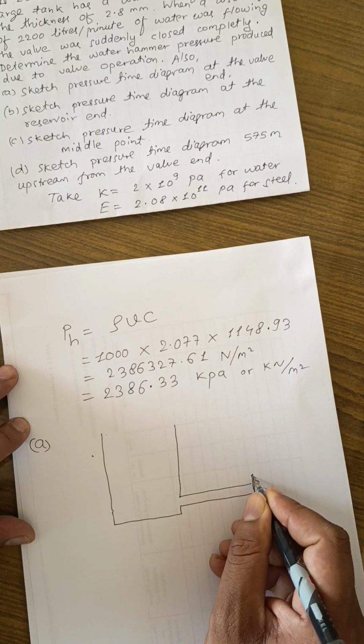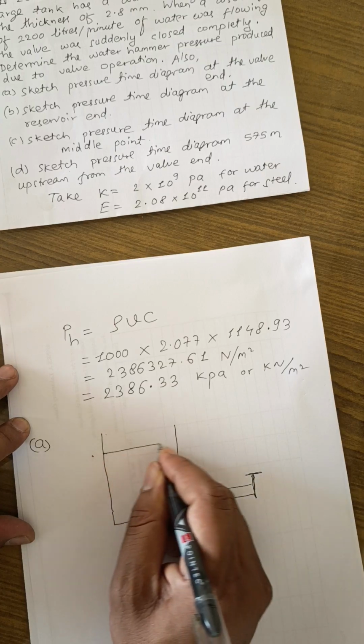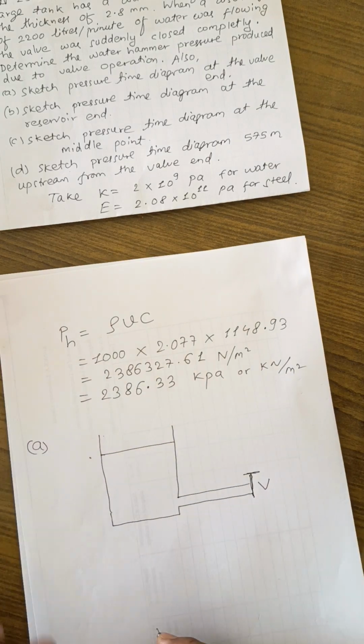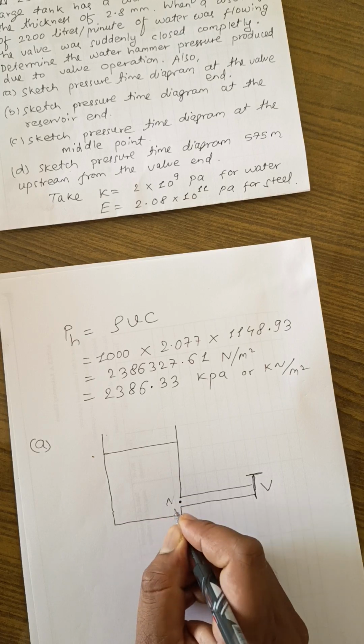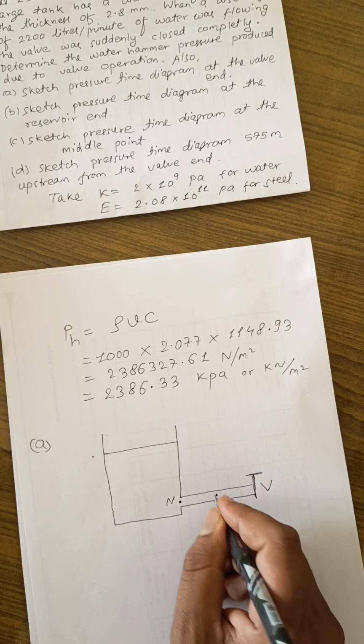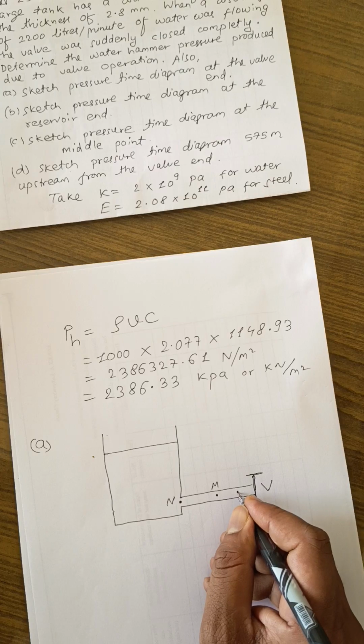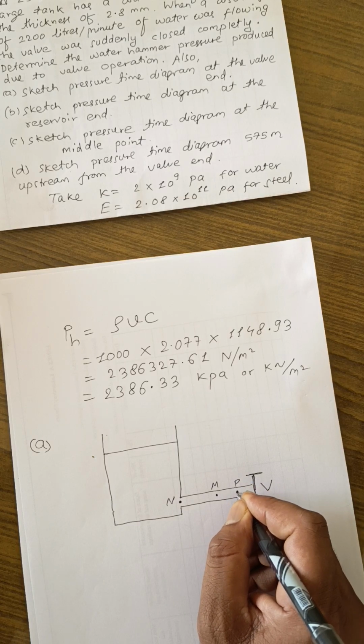The valve end is V, the reservoir end is N, the middle point is M, and anywhere else, let's say, is the point P.